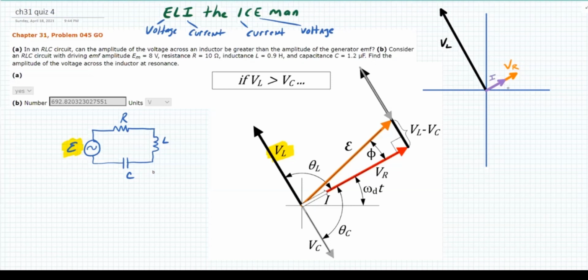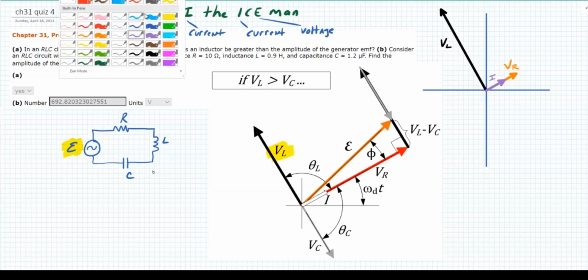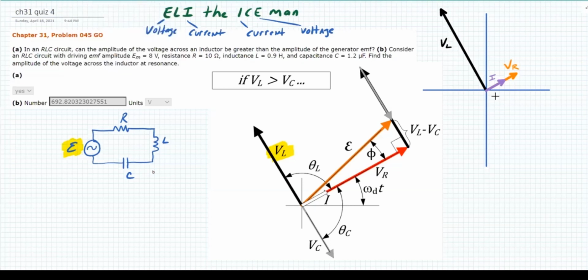Then what if I had a voltage drop across my capacitor like this? How should I draw it? Well, I know it's 180 degrees away, so what if I had something like that? This is my voltage drop across this capacitor right here.